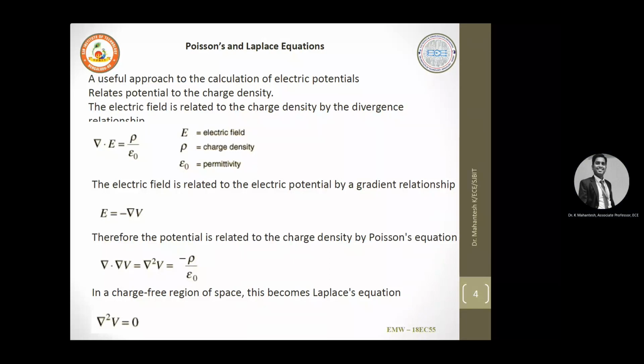Therefore, the potential is related to the charge density by Poisson's equation, given as del square V is equal to minus rho V by epsilon naught. But in a charge-free region of space, we know that rho V is equal to 0. That means we are trying to calculate the potential on the boundary by making the volume charge density 0, which leads to Laplace's equation: del square V is equal to 0.